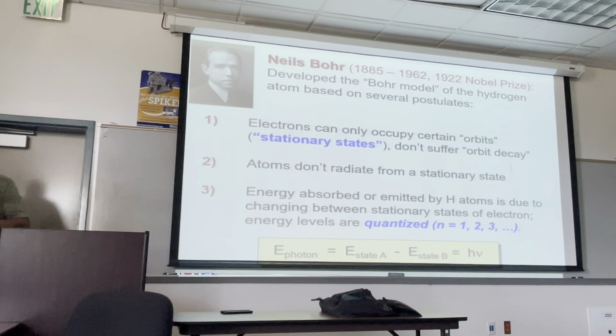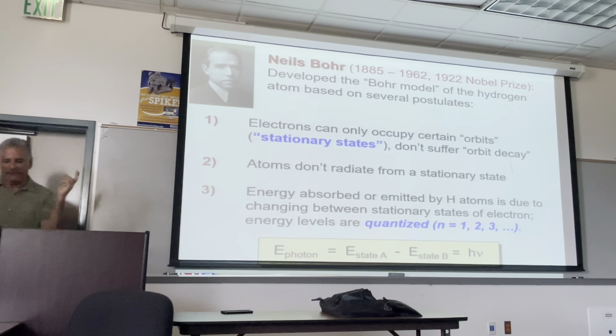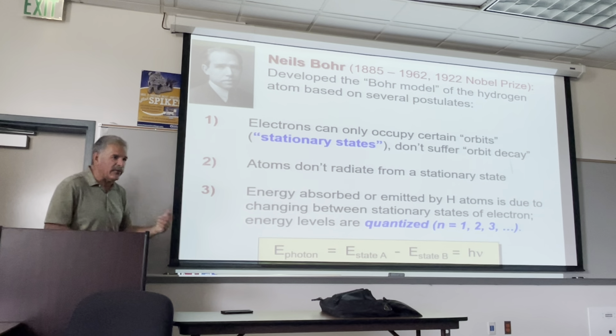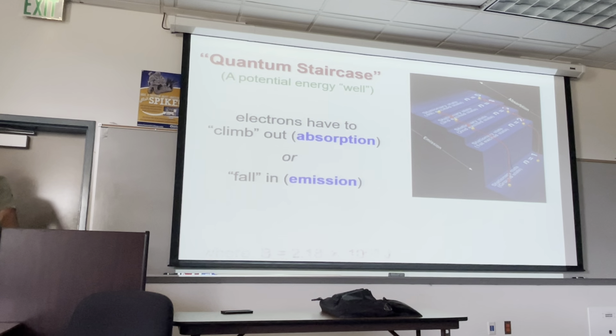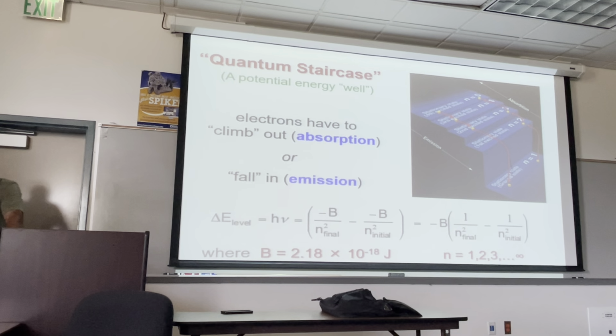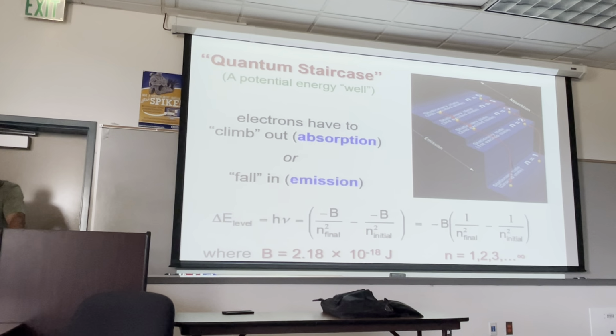So the energy of a photon equals E state A minus E state B, which is hν. So if we have two different states, we still know it's Planck's constant times frequency, and we can replace frequency with wavelength by doing c over λ. So this is the other thing, this is how we solve for B. We're not going to do that.